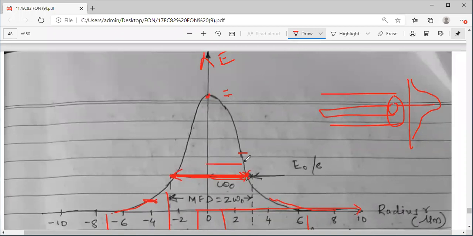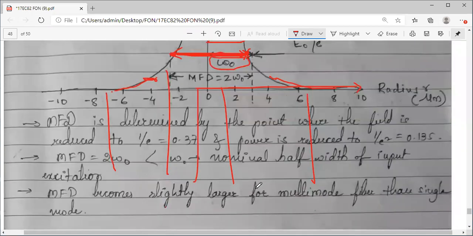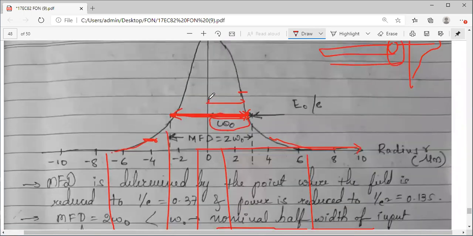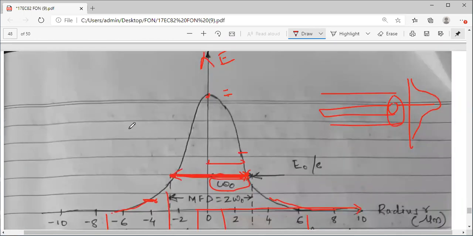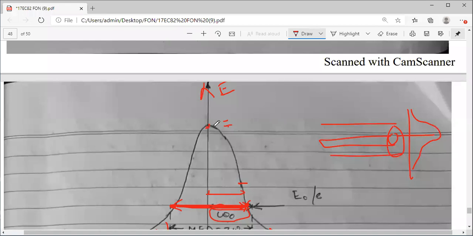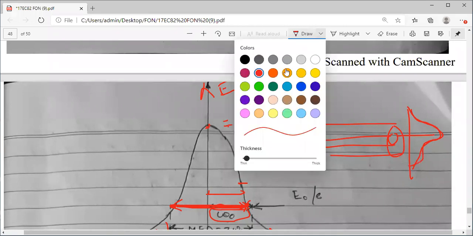And this half part you can see, we call it omega naught. And omega naught is called the nominal half width of the input excitation, or we even call it spot size. A spot size will give you, if you see this distribution, where the field is concentrated at the maximum point.